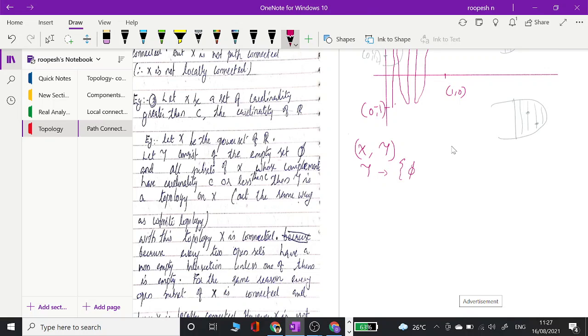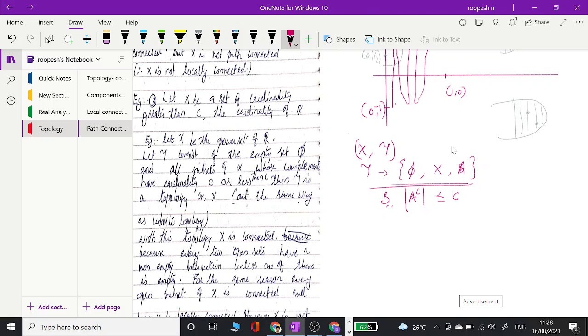You have a topological space (X, tau) where tau consists of the empty set and all subsets A of X such that the cardinality of A complement is less than or equal to C. If this is the condition, then this A belongs to the topology, right?